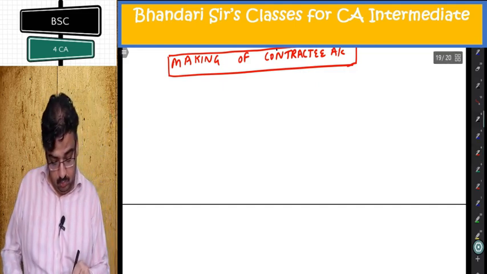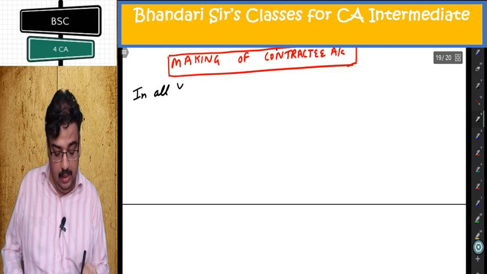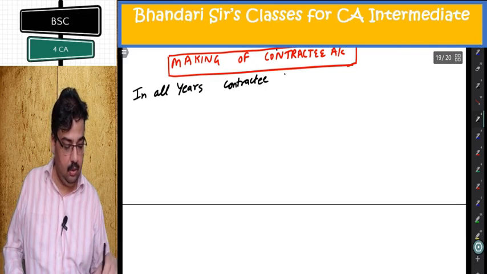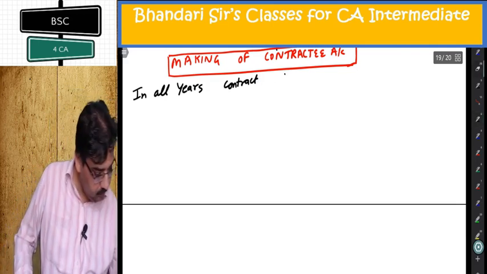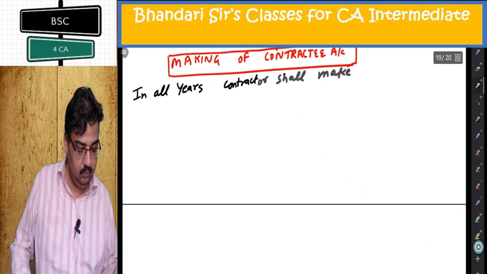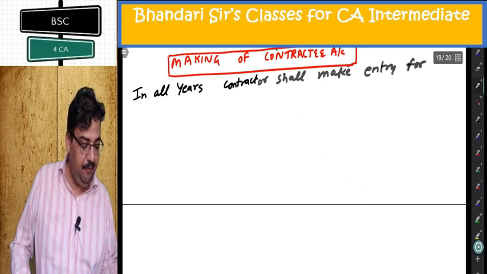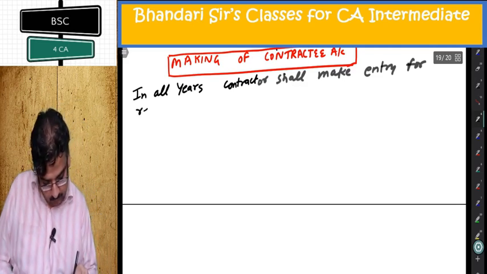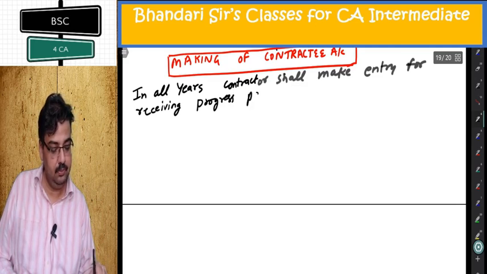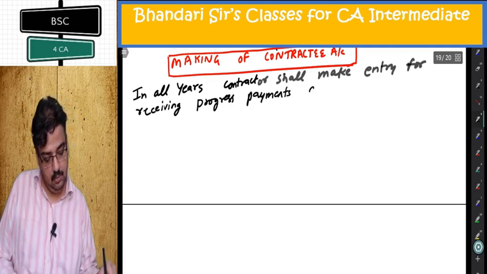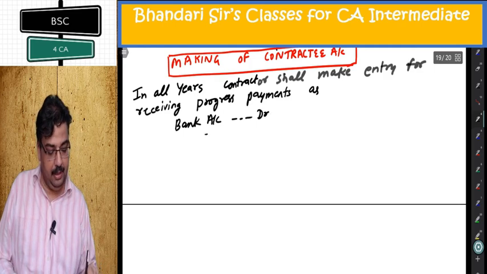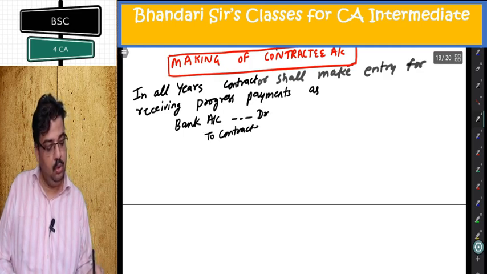Now, in all years, the contractor shall make the entry for receiving progress payments as bank account debited to contractee account.